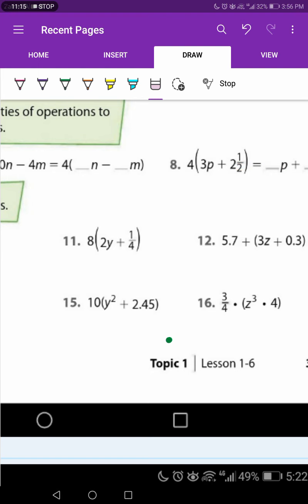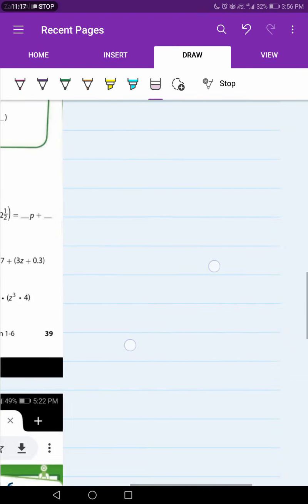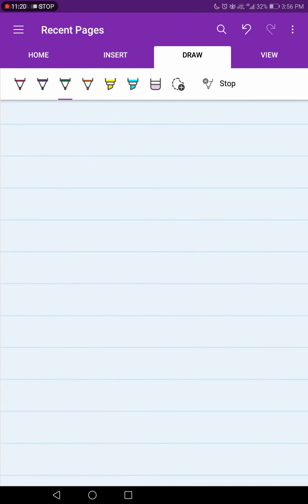Now, let me give you an example here. If I have 12x plus 3, he asked me to find the equivalent expression. It is easy. I have two terms here. The first term has 12 and 3.